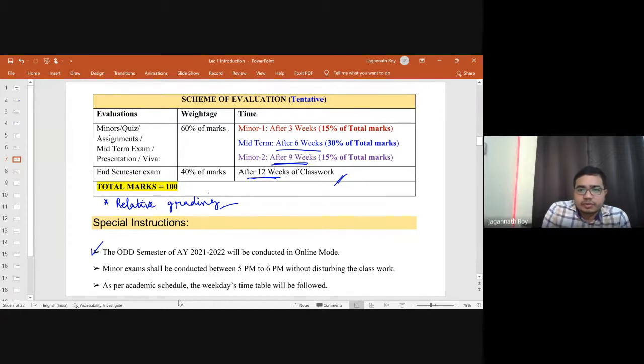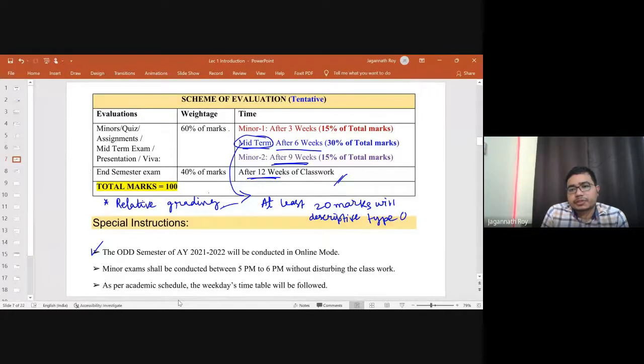But for midterm, as per the instructions, we have to take at least 20 marks of descriptive type questions. One can have the freedom to make it 30 also. So 30 out of 30 can be descriptive type.